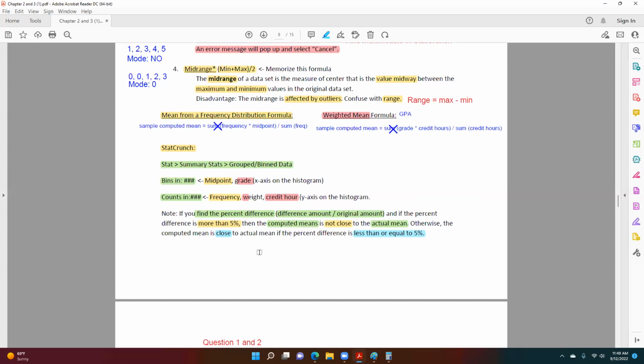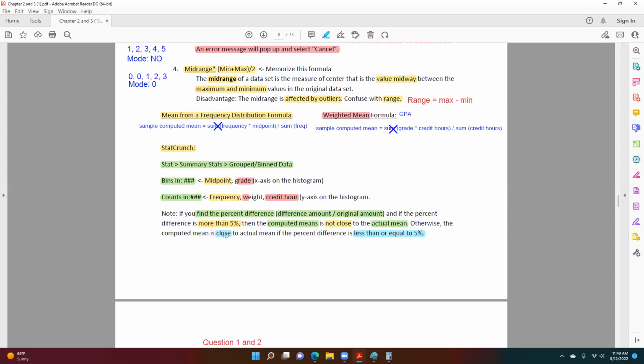Again, we use this 5%, and we have to find the percent difference between the computed mean and the actual mean. If it is more than 5%, the two means are not close to each other. If it is less than or equal to 5%, then these two means are close to each other. Again, I will show you how to do all this work in the next few examples.